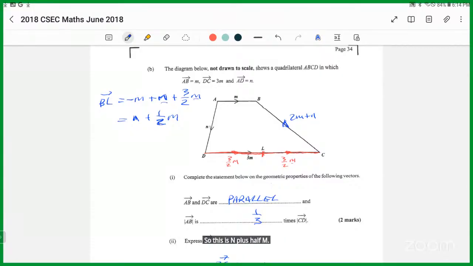I'm going to underline these vector components. Alright? So we can check this answer as well. Check if going from B to L is a N and a half M. Let's check it.